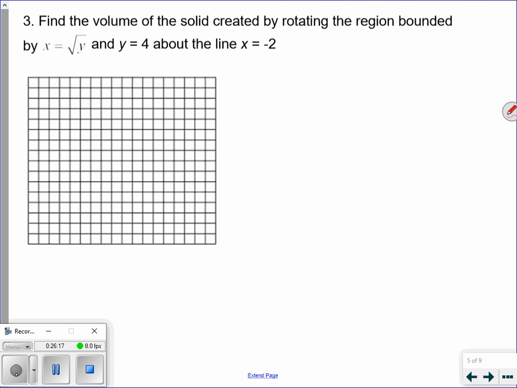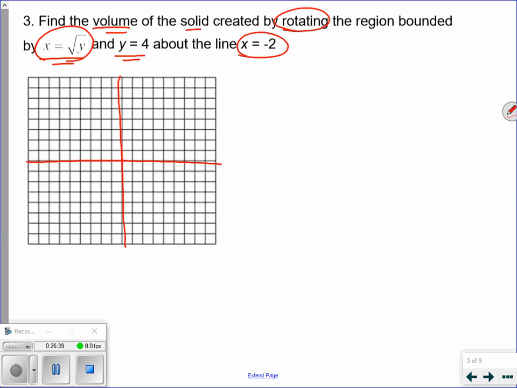It says, find the volume of the solid created by rotating the region bounded by this equation here, and y equals 4 about the line x equals -2. So let's graph our region first and understand exactly what this is saying.